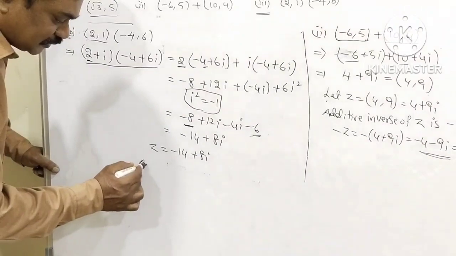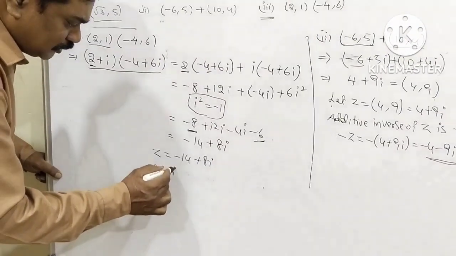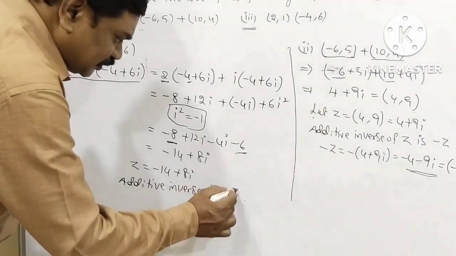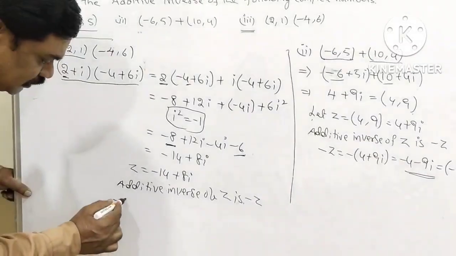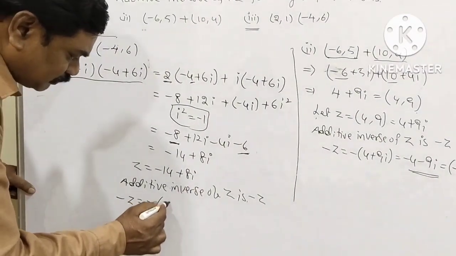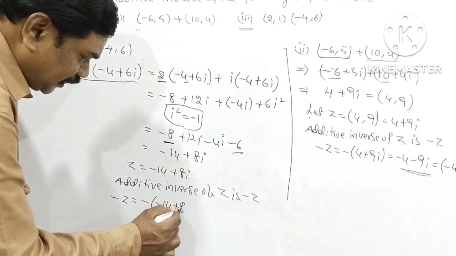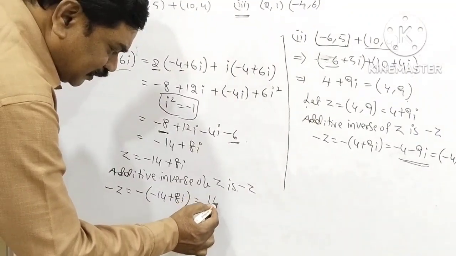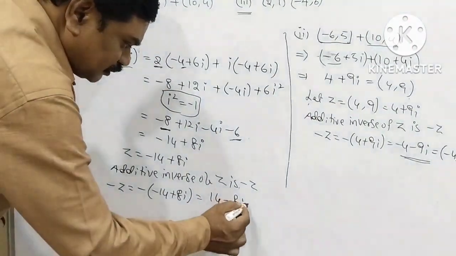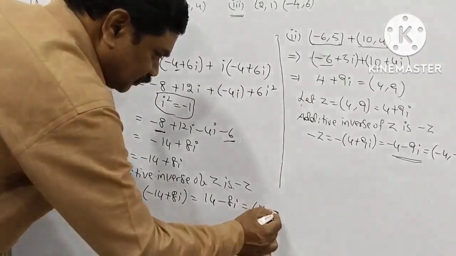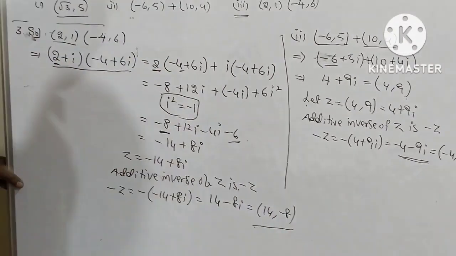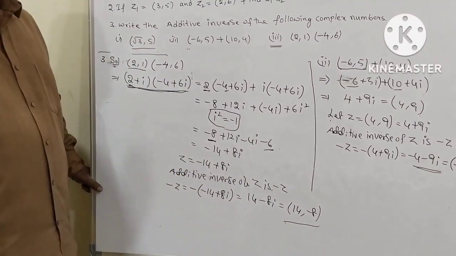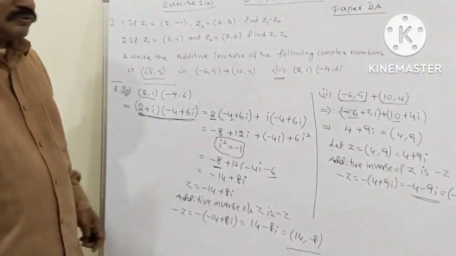The additive inverse of z is minus z. So minus z is equal to minus of minus 14 plus 8i. So this is minus into minus, plus 14 minus 8i, equal to (14, minus 8). This is the additive inverse of the multiplication of these two complex numbers. Okay, all of you? That's all.